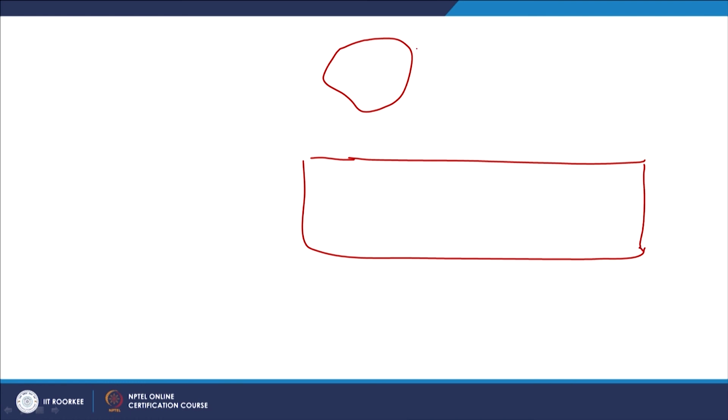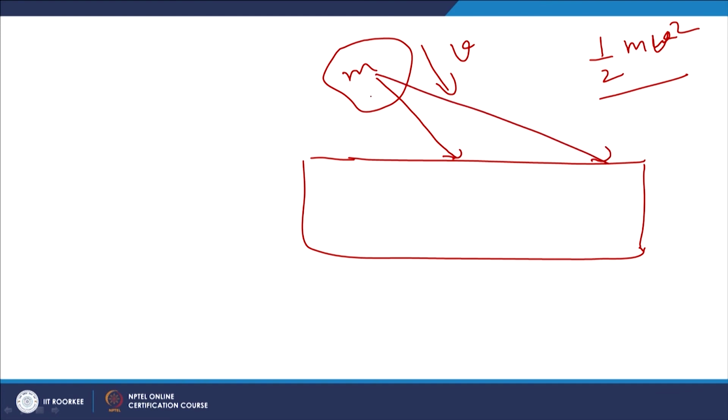The particle will have some mass and it will be moving with some velocity, and based on this we can find the kinetic energy associated with the particle, like half mv square. Whenever a high velocity particle impacts the surface of the workpiece, it can impact at a high angle, or it can impact at a low angle like this.